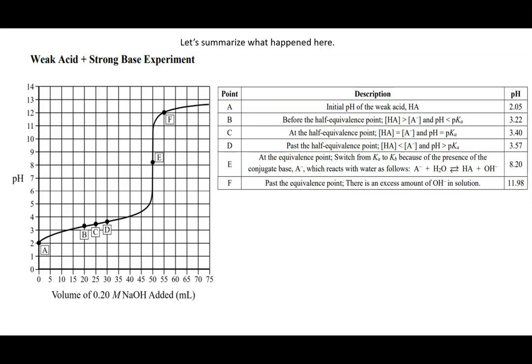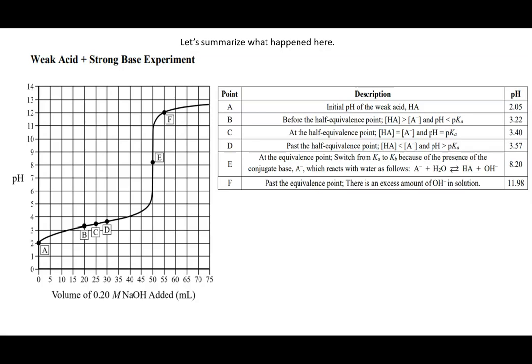So now if we go back to the right here, you can look at the summary of what these points are: A, B, C, D, E, and F. A, initial pH of the acid, no base added. Point B is sort of before the half equivalence point. We don't really know. It doesn't really matter. It's just somewhere between 0 and the half equivalence point.